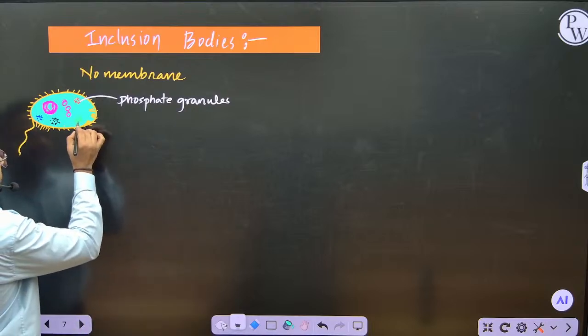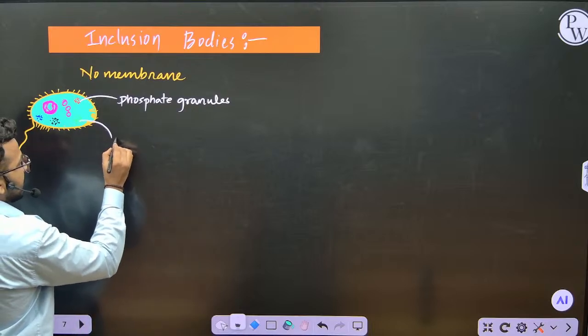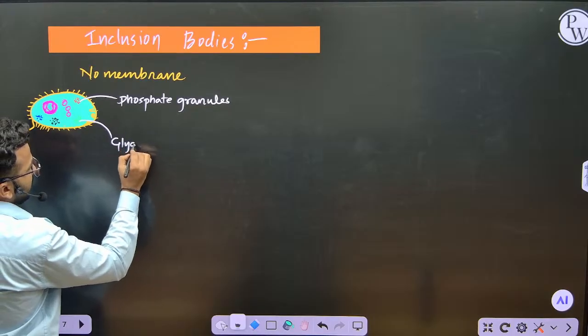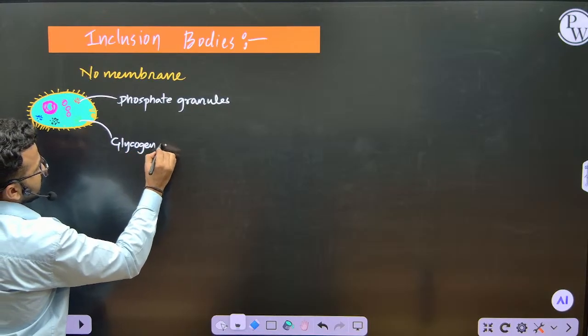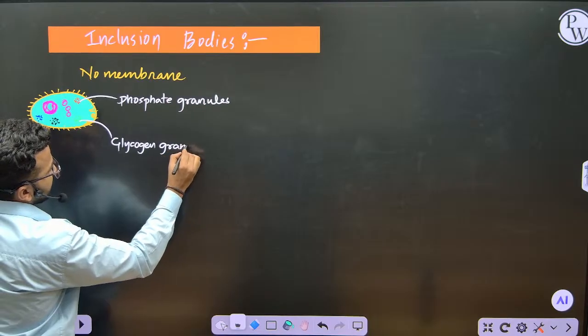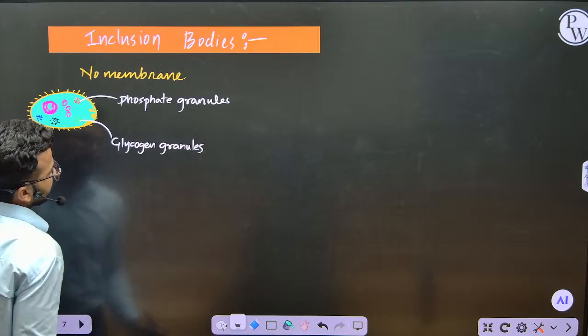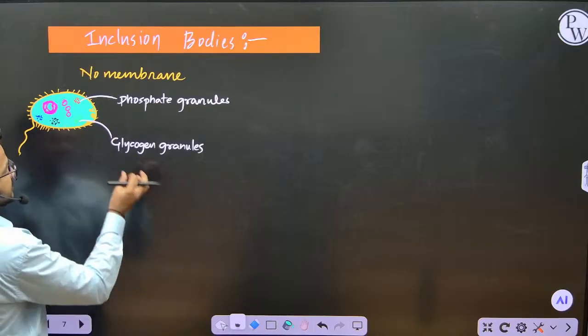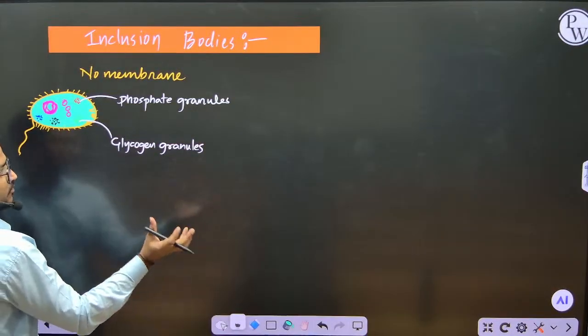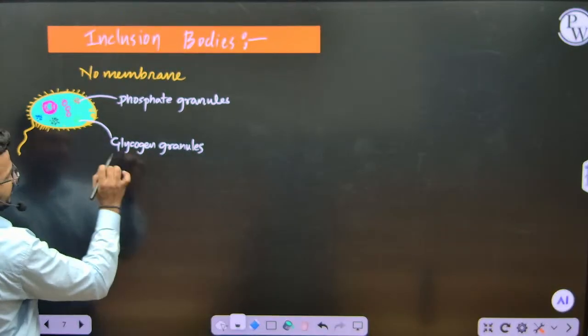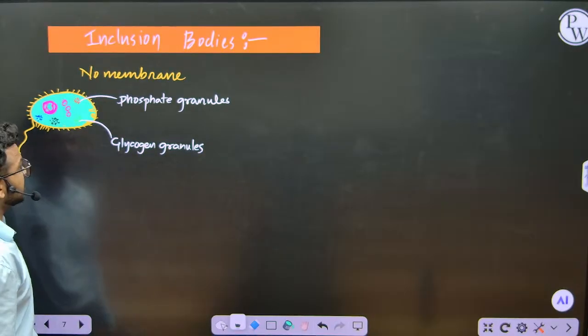Somewhere you will be seeing glycogen granules, where glucose-like structures are stored, accumulated at one place in a cell-free system without a membrane, and we call them glycogen granules.